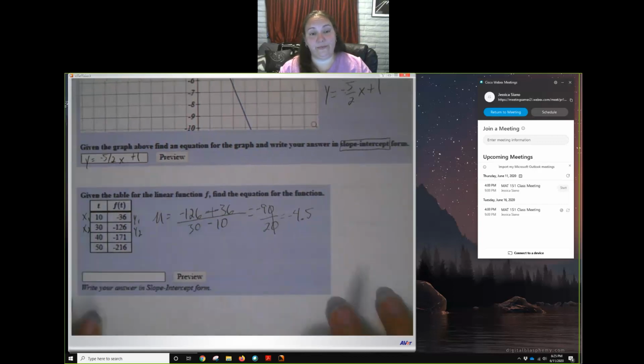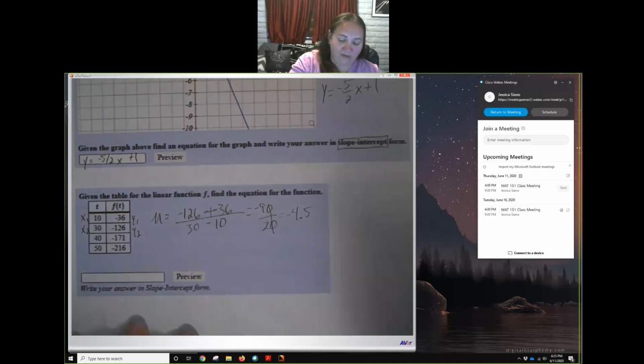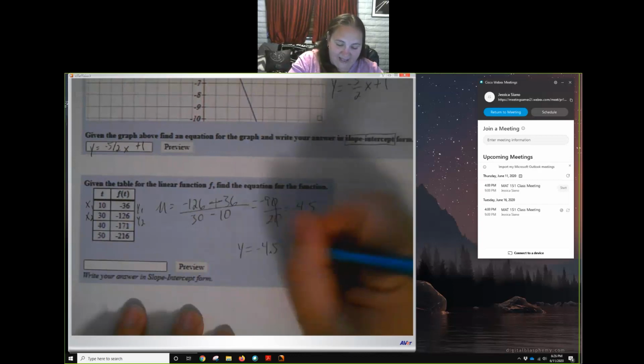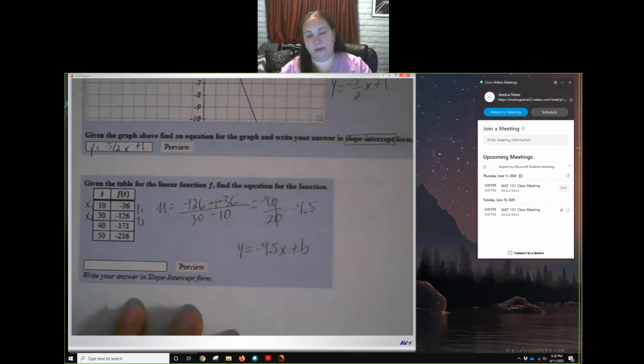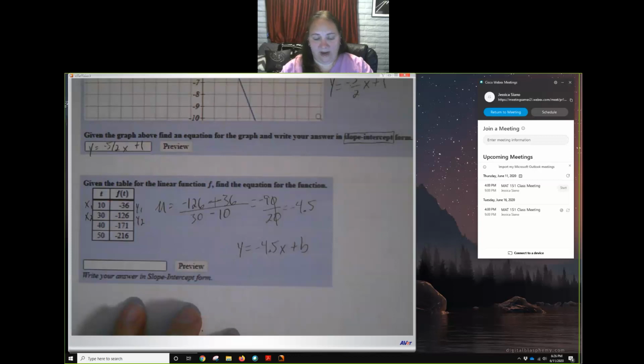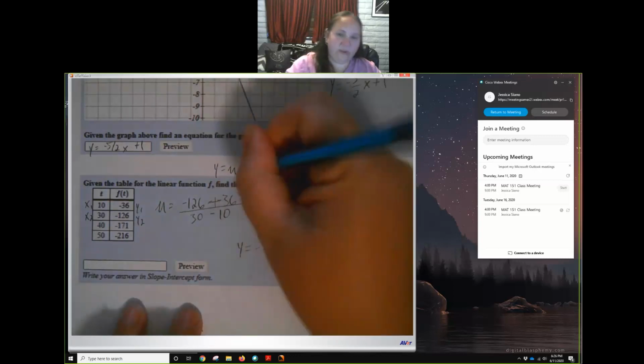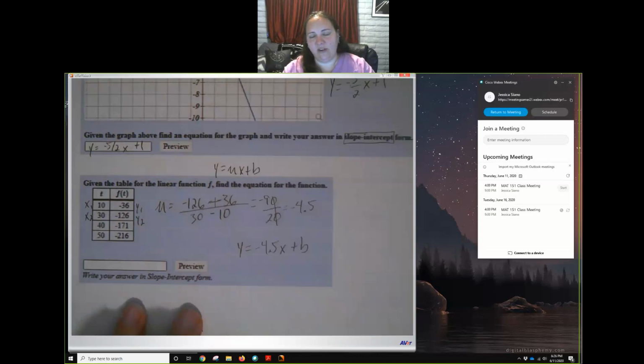Whatevs. So now we have y equals negative 4.5x plus b. Right, because we had y equals mx plus b. And we figured out that m was negative 4.5, so I plugged that in.